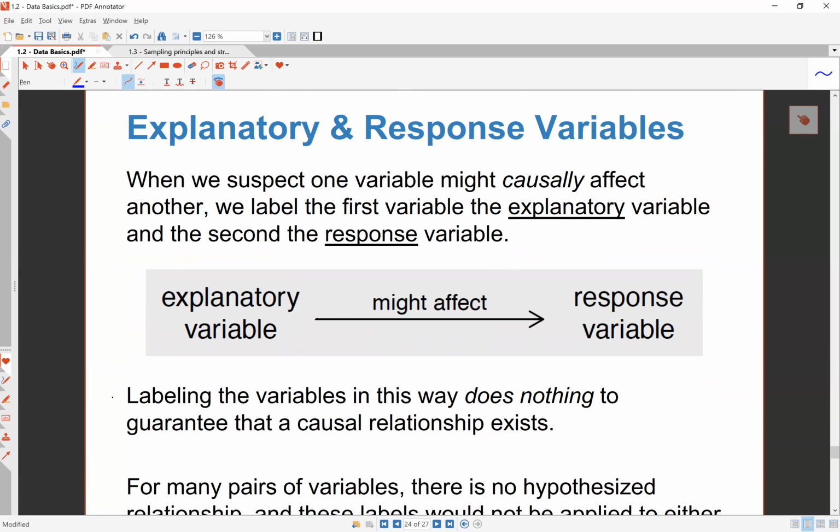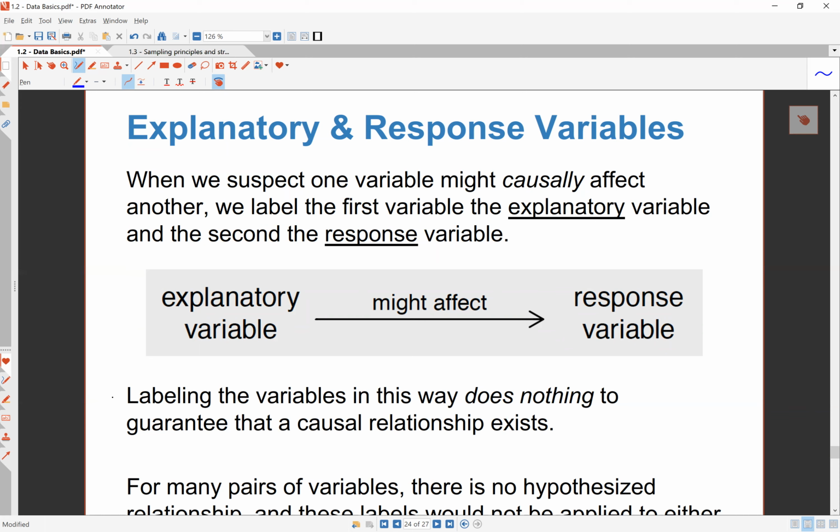So let's just spend a few more minutes talking about causality. Sometimes based on intuition or other information that we've collected, we might suspect that two variables are causally related to one another. If that is the case, we call them by special names. We would call the first variable the explanatory variable, and the second variable the response variable.